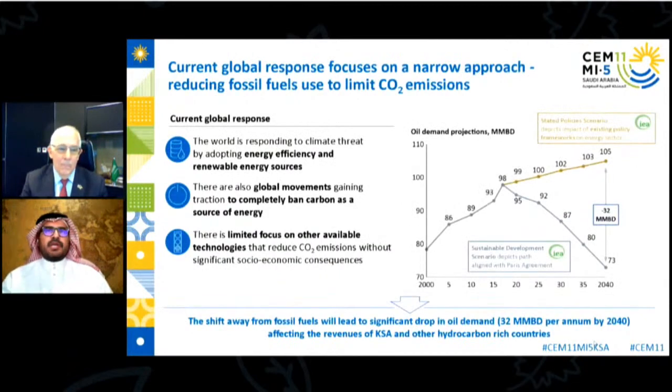I think this applies to other resource-rich countries, is we're seeing in this framework of climate change that, at least as part of IEA projections, that with the different scenarios, we'll see a big drop in demand for hydrocarbon materials. We're sharing in this graph, you can see just oil demand as an example.